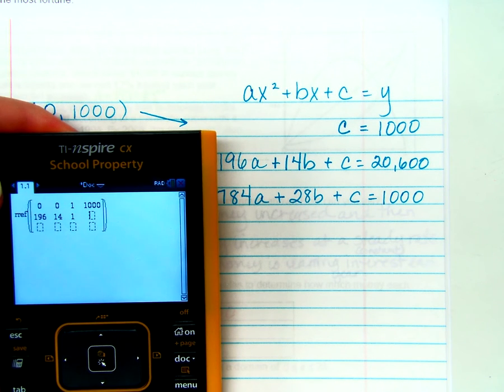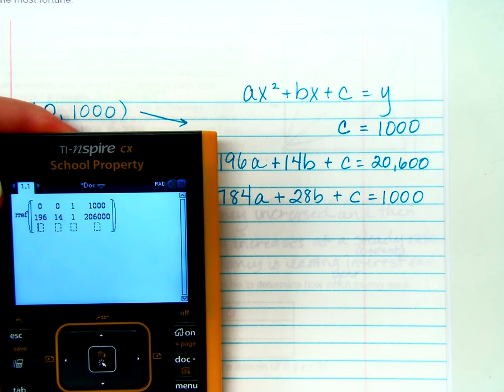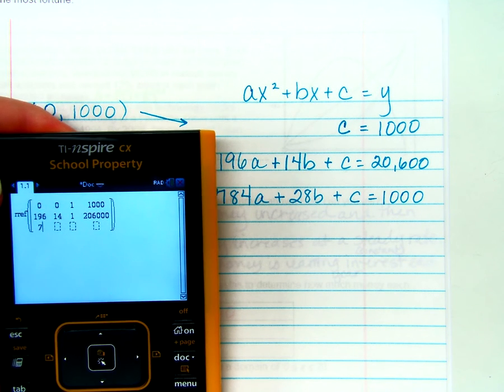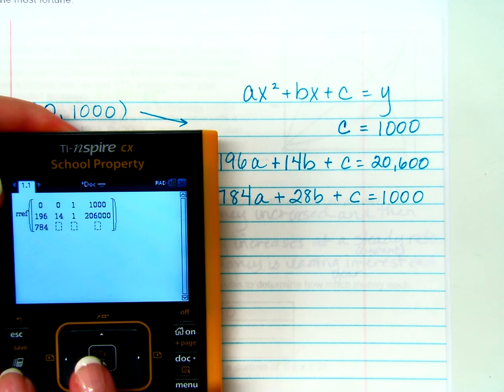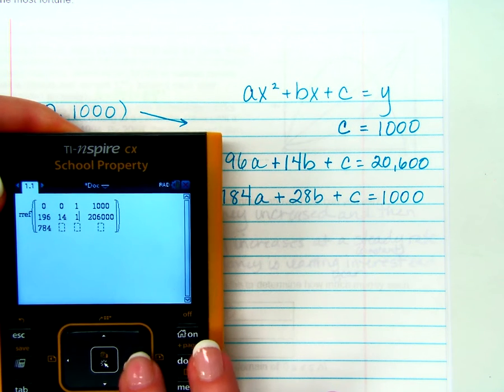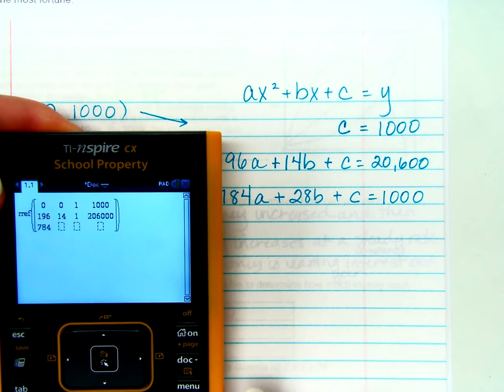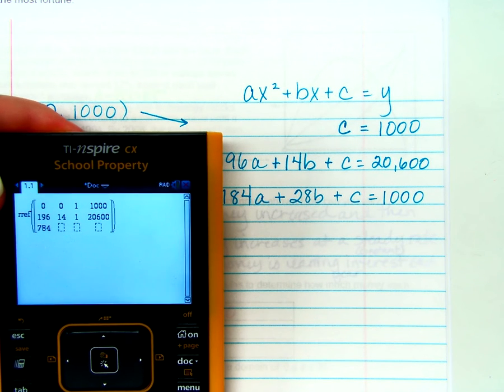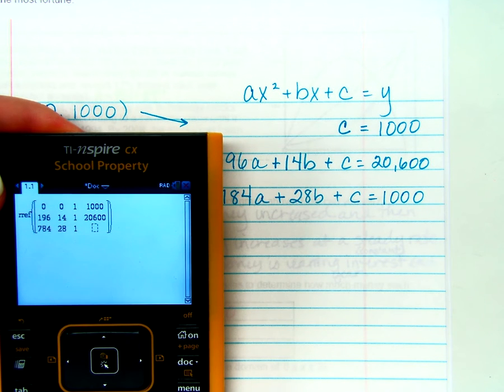Very good. Excellent. Tab. 784. Oh, thank you. Good catch. Sometimes I just get excited with the zeros. Is that better? Thank you for catching that. 28. 1. 1,000. Now what?